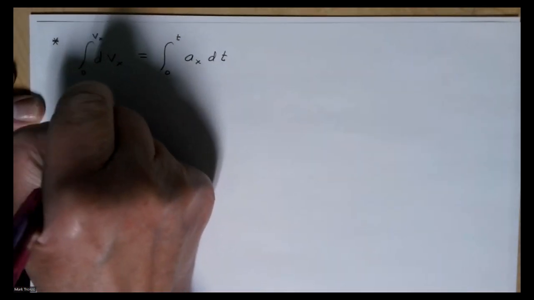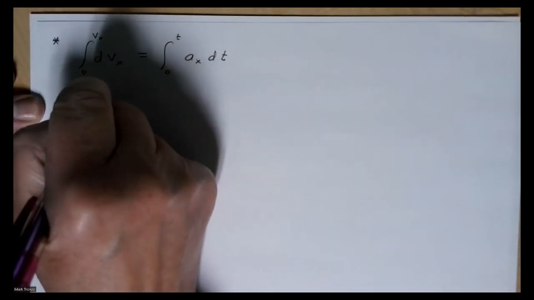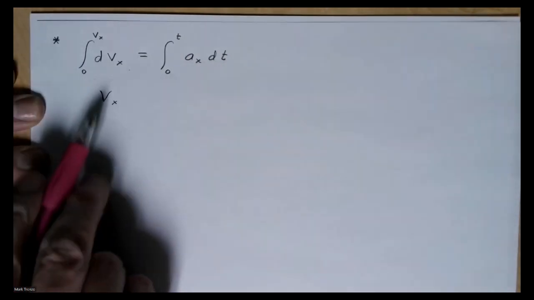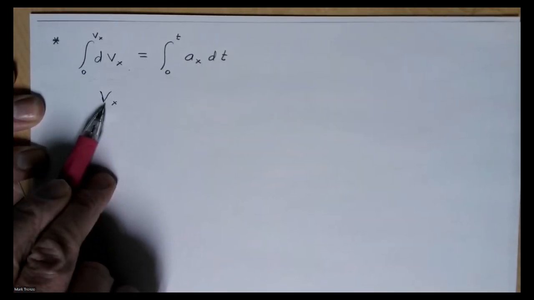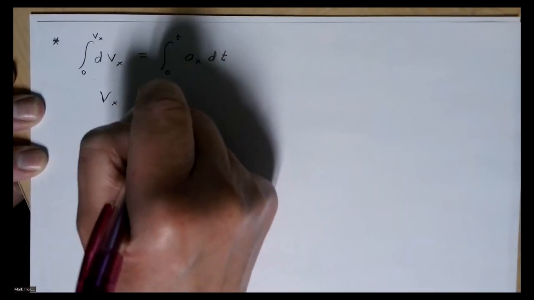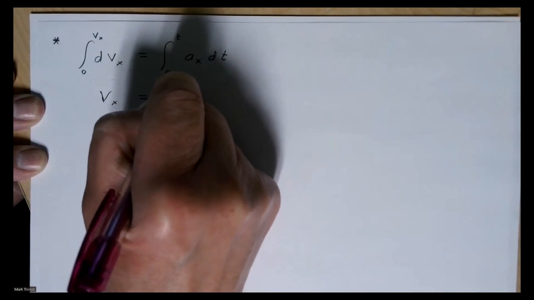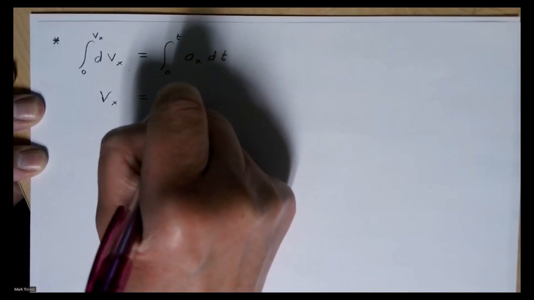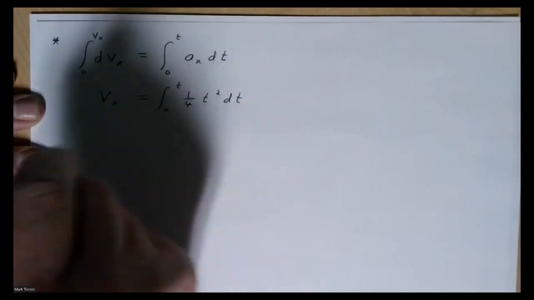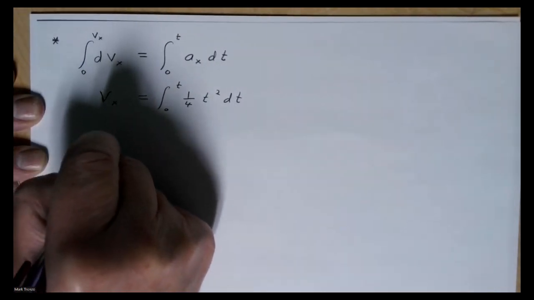So this is going to be v of x. Then when you put the bounds in, it'll still be v of x. So I'm going to just skip that step. And so we're going to integrate this over here, 0 to t. This would be like 1/4 t squared dt.